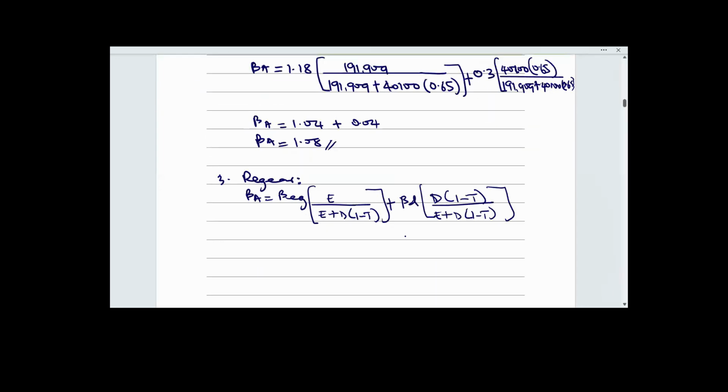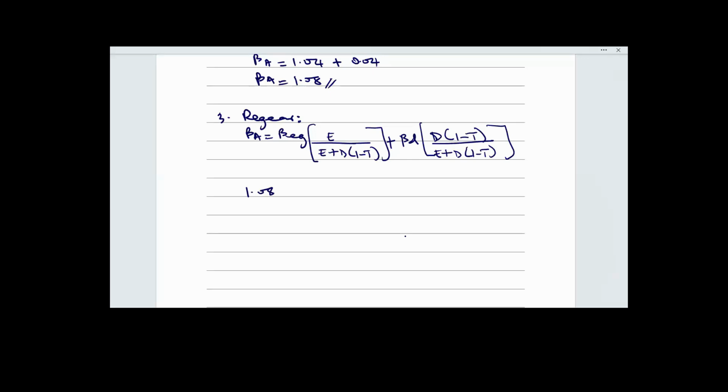Then in step 3, we're expected to use the information of the main company, which is Kilimanjaro. So beta assets, we calculated beta asset to be 1.08. We are looking for beta equity of a gear. We don't know it yet.